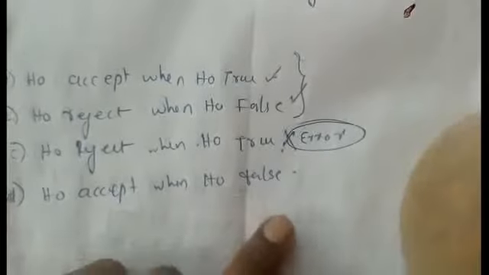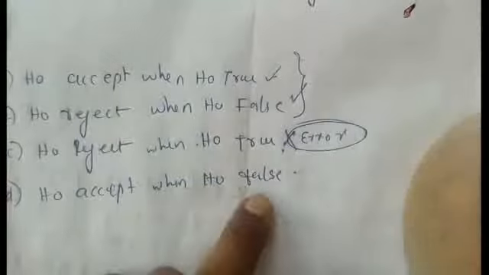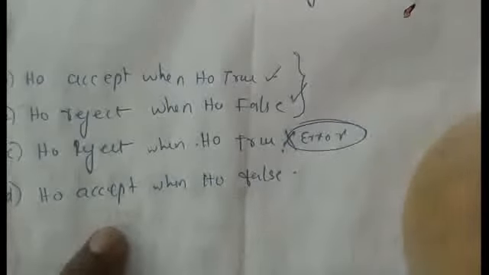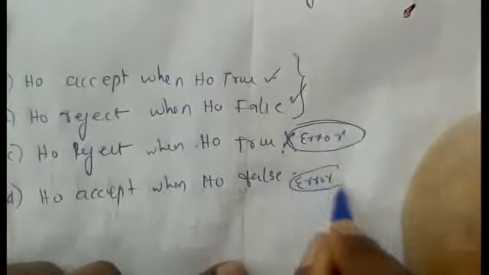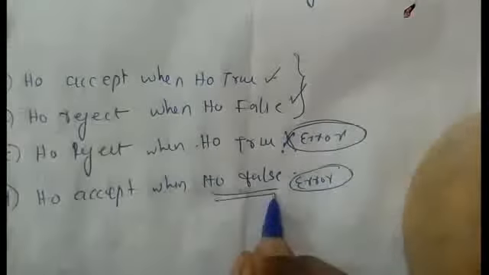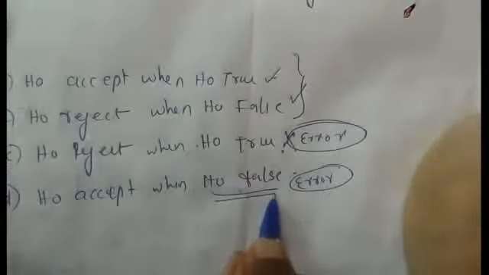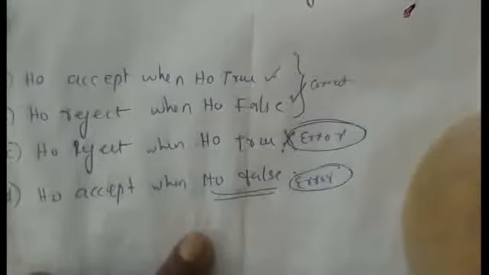Similarly, when H0 is false and we accept H0, this is also an error. So these two are correct statements and these two are errors.